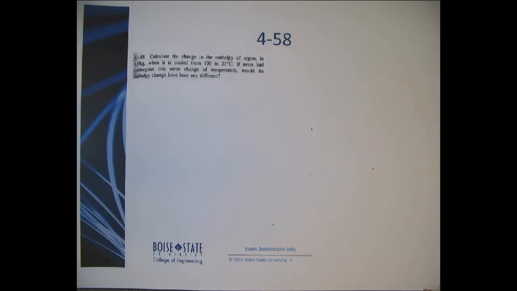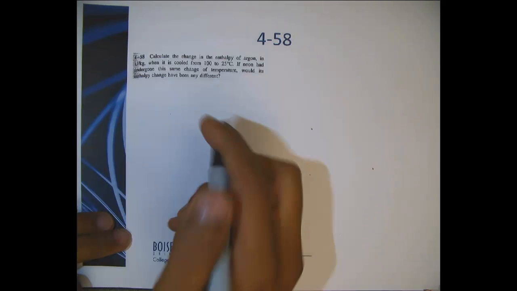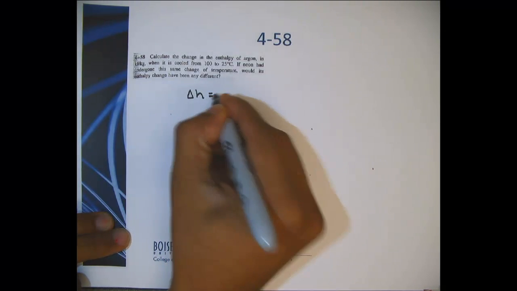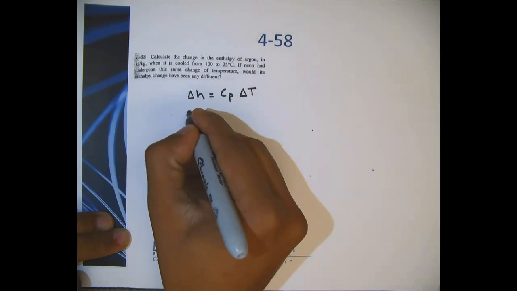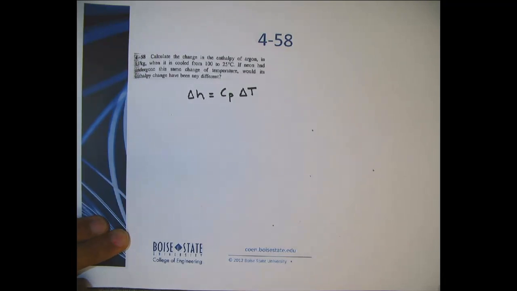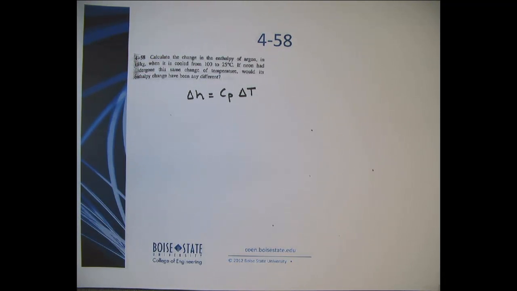First, we know that if it were an ideal gas, the delta H can be computed as Cp times delta T. The way you can tell whether argon and neon are ideal gases at this condition is you can go to table A1.